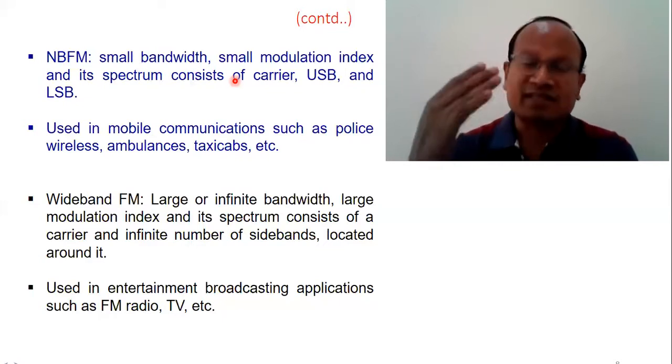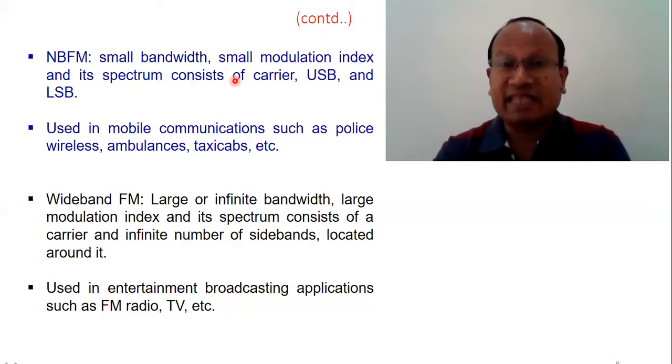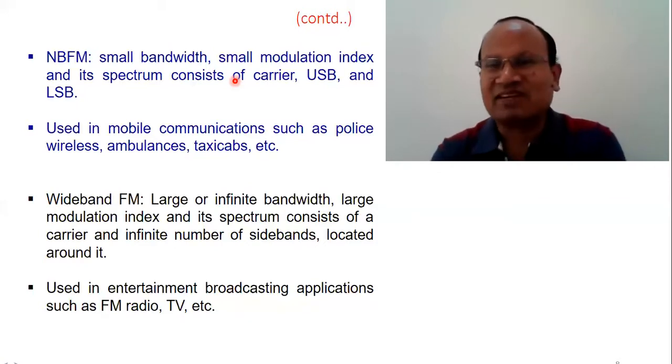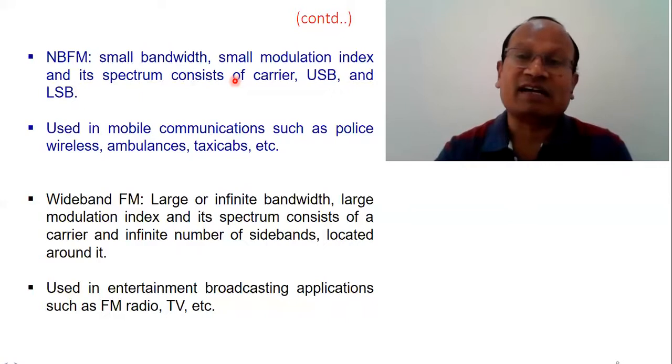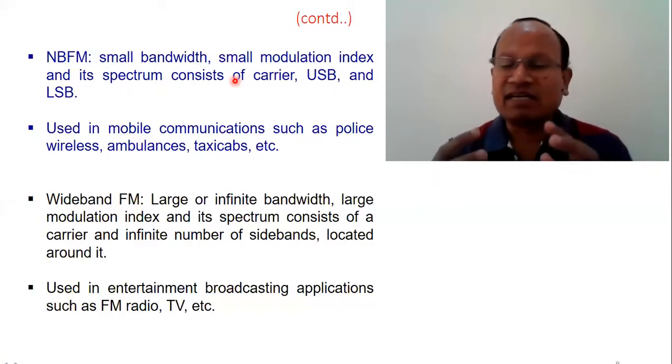When the modulation index is less than 1, or less than 100% modulation, there will be only 2 sidebands. At any value, there will be 2 sidebands. So sometimes this narrowband frequency modulation is called a compatible AM signal. FM and AM cannot be compared, but it is called a compatible AM signal.